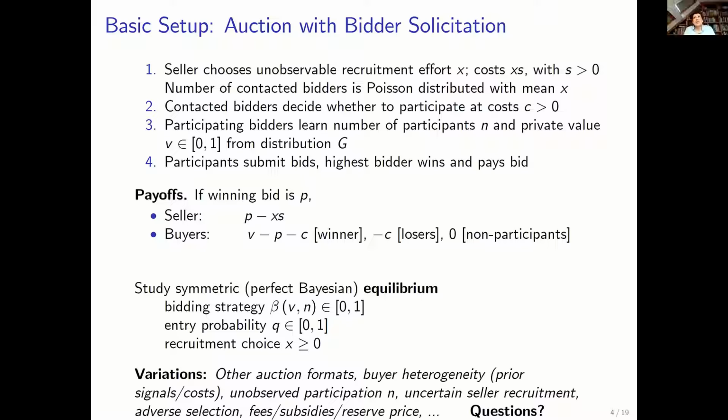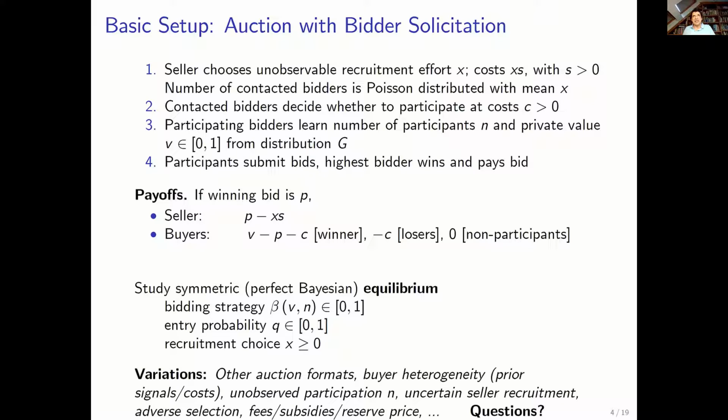So I'm not entirely happy with the seller choosing unobservable recruitment effort. If I'm a bidder, recruitment effort to me is a proxy for how many other bidders there'll be. It's indirect. If you're the seller and you put a lot of effort into getting bidders, then I think I may have a lot of competition, and if you don't advertise very much, then probably there'd be fewer.